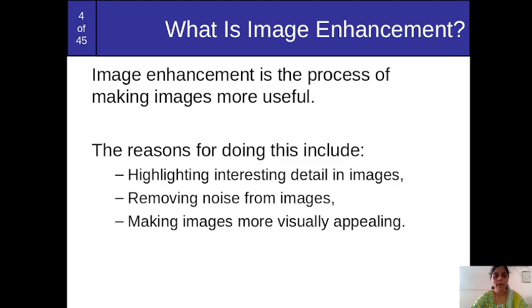So why do we need image enhancement? Following are the most commonly used reasons. In certain applications, it might be necessary to highlight the details of the region of interest in a particular area.